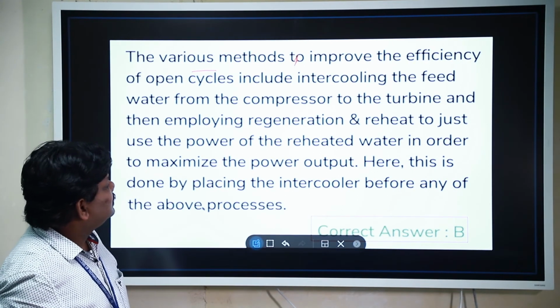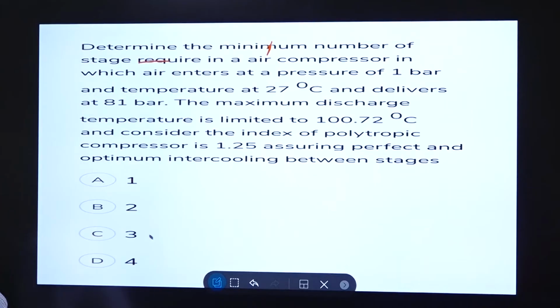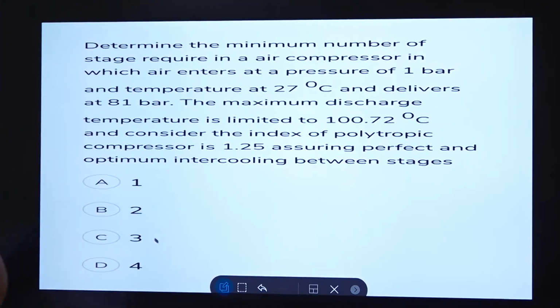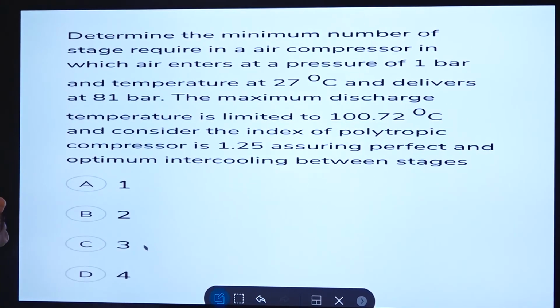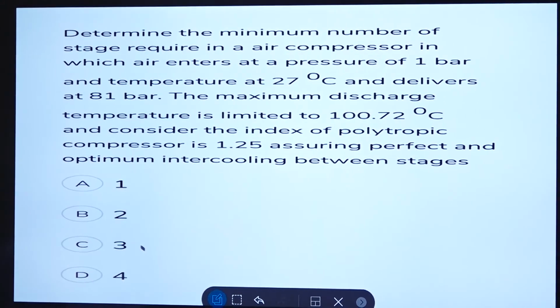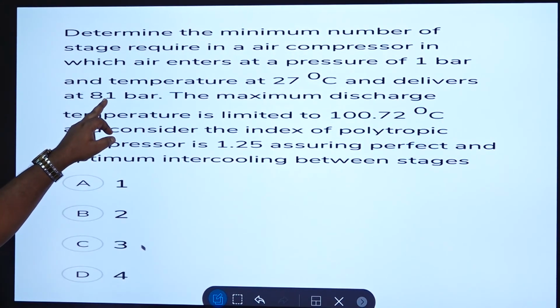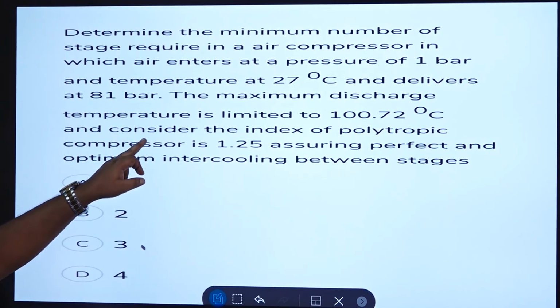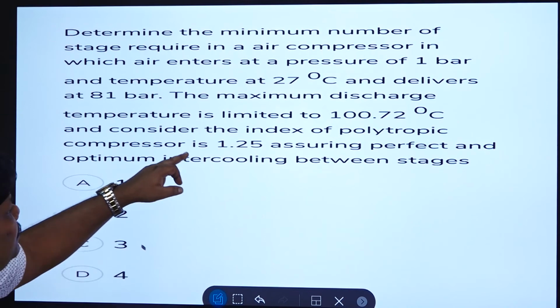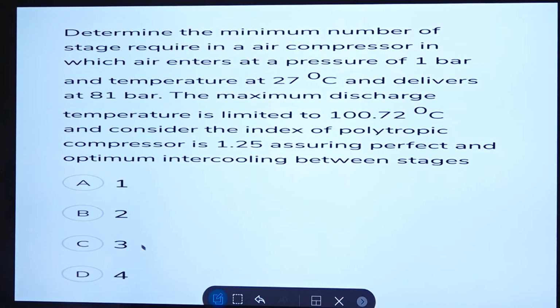The next one is, determine the minimum number of stages that are required in an air compressor in which air enters at a pressure of 1 bar and a temperature of 27 degrees centigrade and delivers at 81 bar. The maximum discharge temperature is given to you, and considering the polytropic index 1.25, assuming perfect and optimum intercooling between the stages.